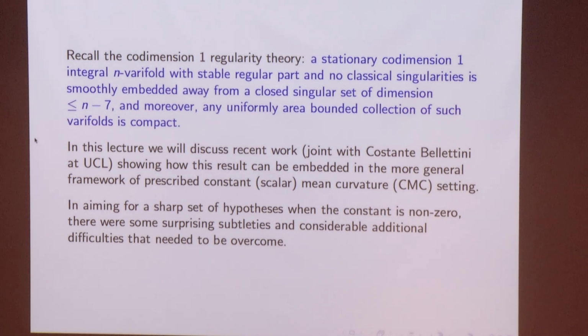You can have two spheres touching or two cylinders touching, in a C2 way. That is the main difference that creates a lot of issues for the proof, this lack of the maximum principle like in the minimal surface case.